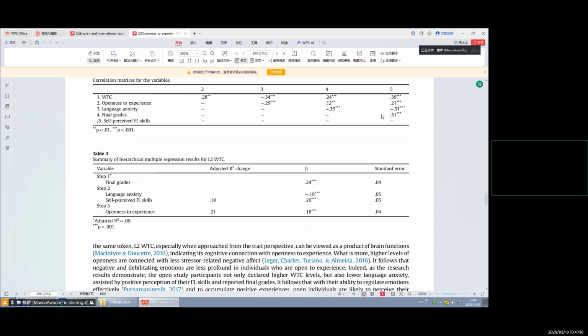It's a negative predictor of reading. When we say it's positive, it means as A is increasing, B is increasing as well.